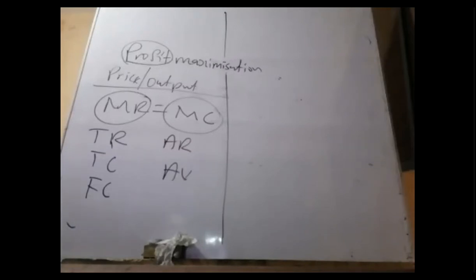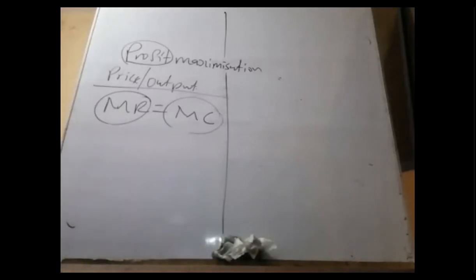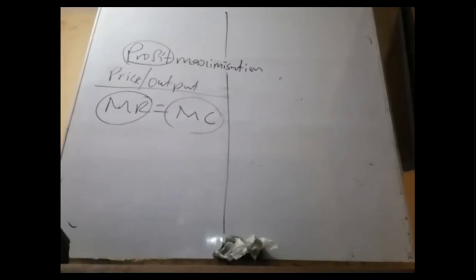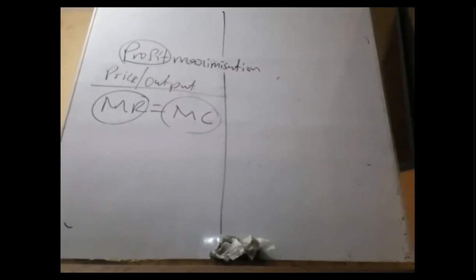Okay. Now, to make things look easy for you, what is marginal revenue? Here, the marginal revenue is nothing but just the change in the total revenue with respect to the output. That is it. Good.